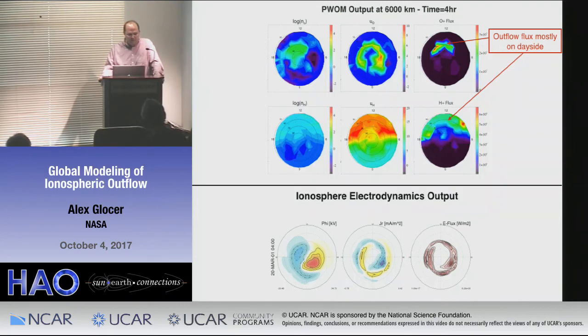The empirical relationship from Strangeway is very useful, but it's developed entirely for the cusp, which is entirely for one event. So it's only one condition of illumination. And the characteristics of illumination in other parts of the polar region and in the auroral zone are very different from the cusp. And the characteristics of the precipitation are very different.